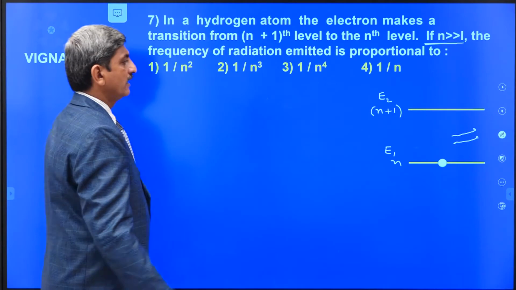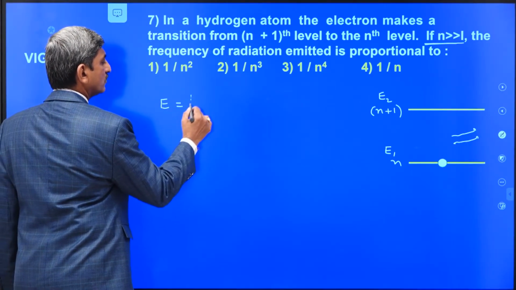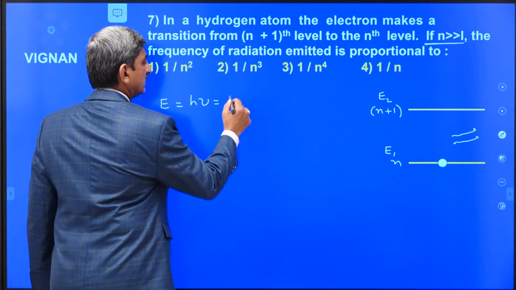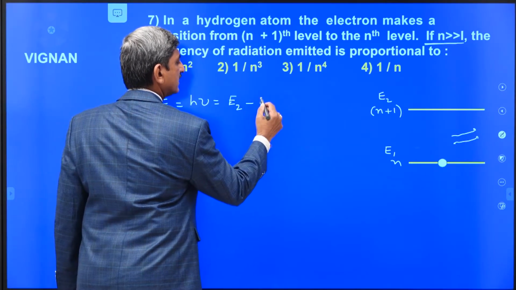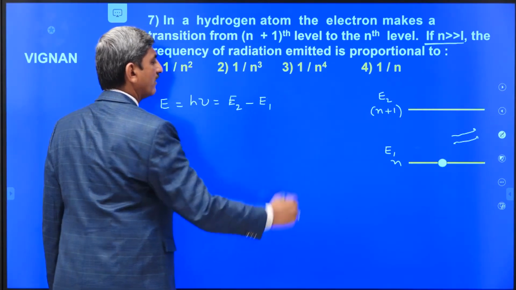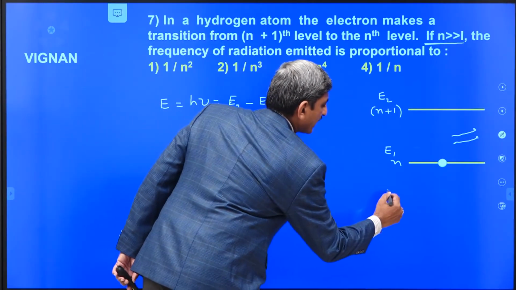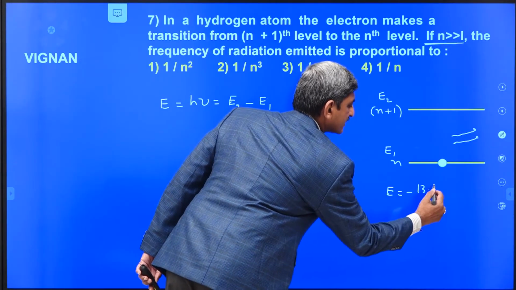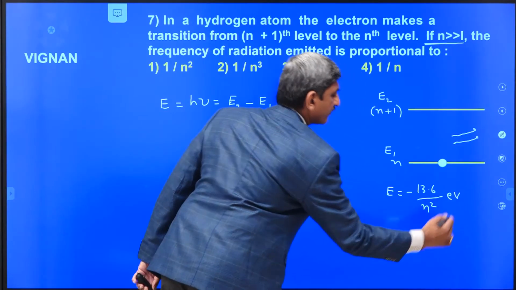photons. The energy of the photon is given by the formula E is equal to h nu, that is equal to the energy of the higher level minus the energy of the lower level. Already we know that the energy of a particular energy level is given by E is equal to minus 13.6 divided by n square electron volts.